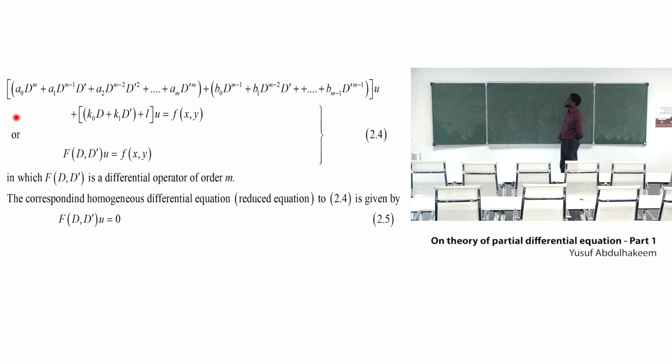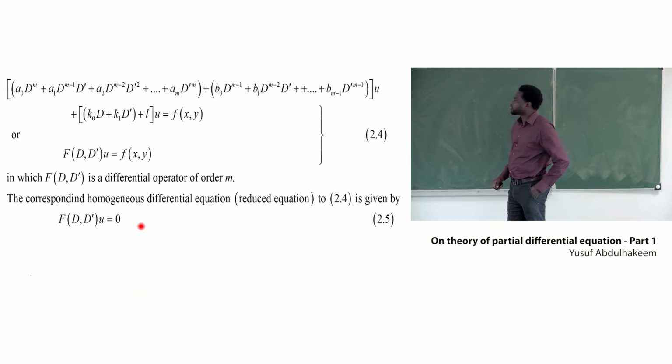So here now we have reduced d/dx and d/dy into D and D prime. That differential equation has been reduced to what we have here in 2.4. Or we can simply write the general form, f of D comma D prime of u, equal to f of x comma y, in which this is a differential operator of order m.